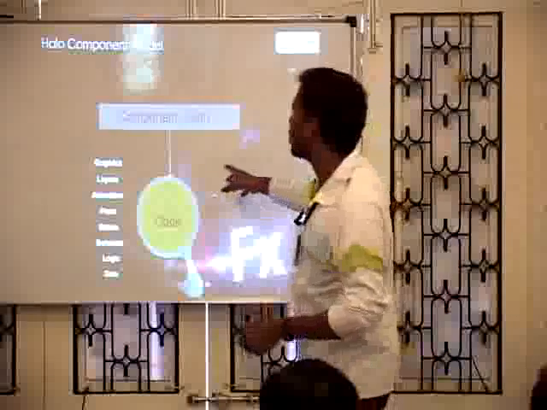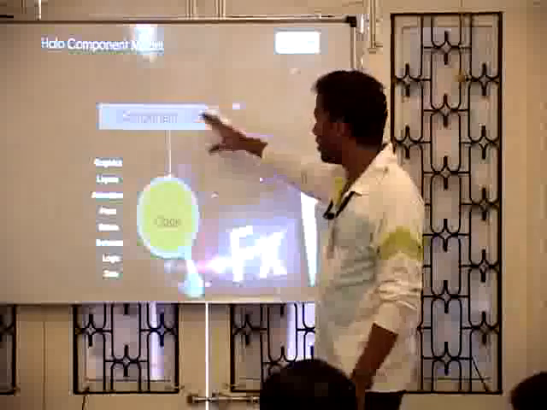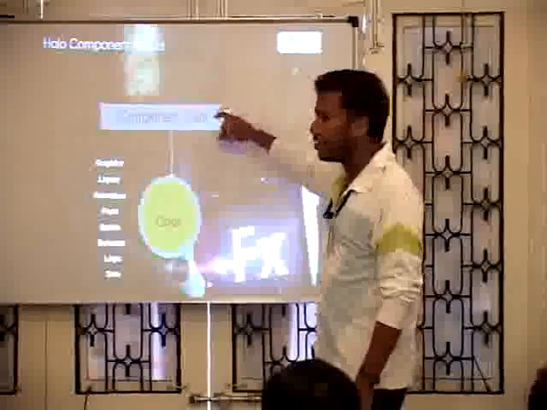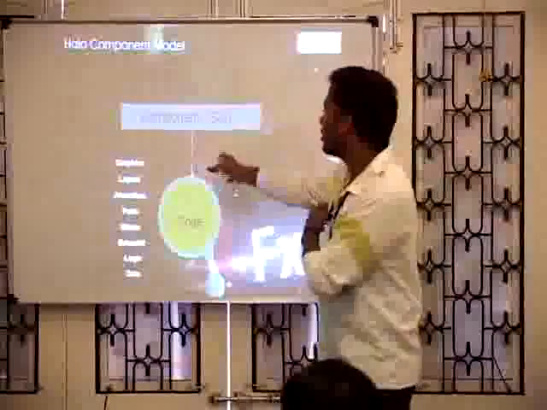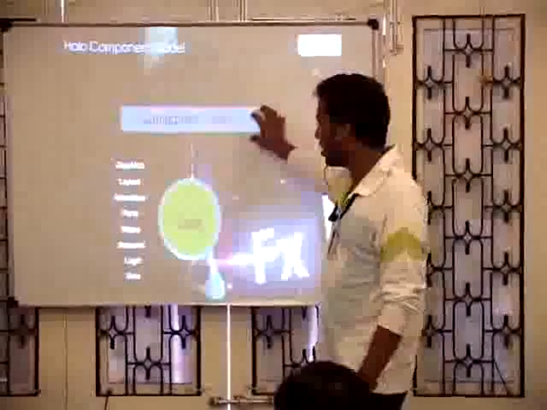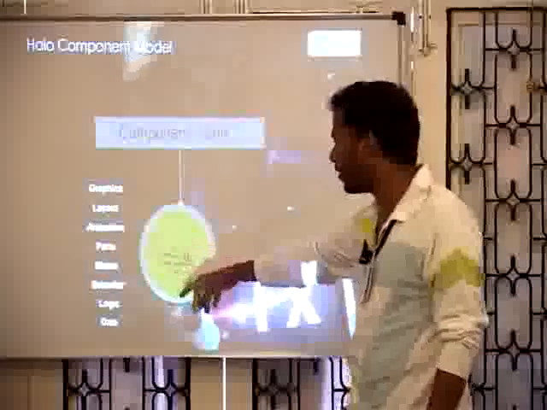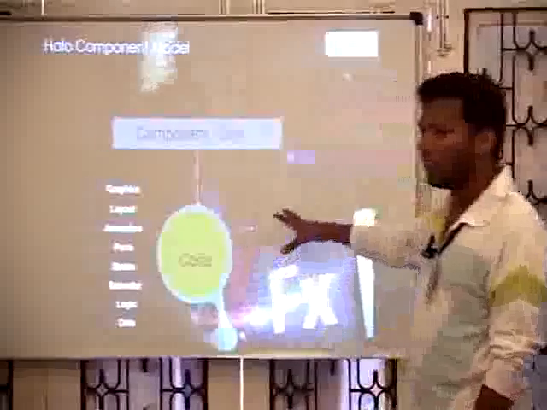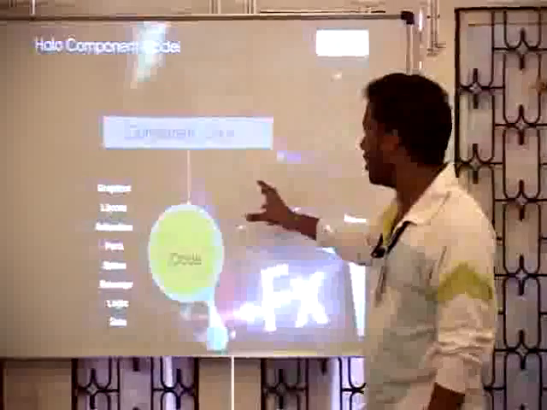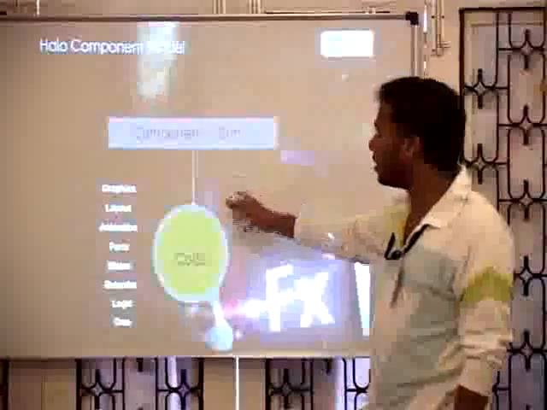This is the Halo component model architecture. It means the component skin is not separate. Just take it as a button, and the code and the graphics and layout, animation, paths, states, behavior, logic, and data, everything is in a single file in Flex3 format. Next.